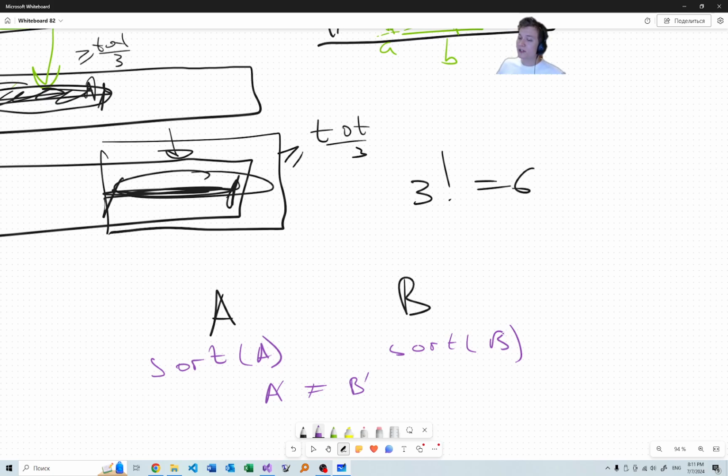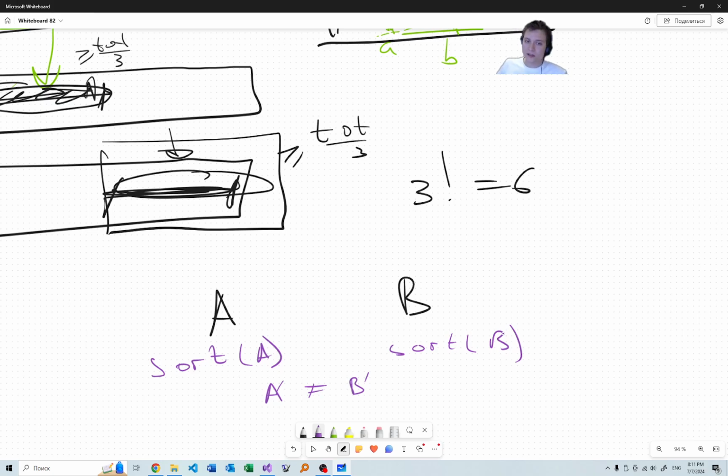So if you have some operations which preserve the multiset of elements, and you have two arrays which have different multisets of elements, then you cannot get one from the other, because if you did, in the process you would have had to change this multiset, but you weren't able to do it.